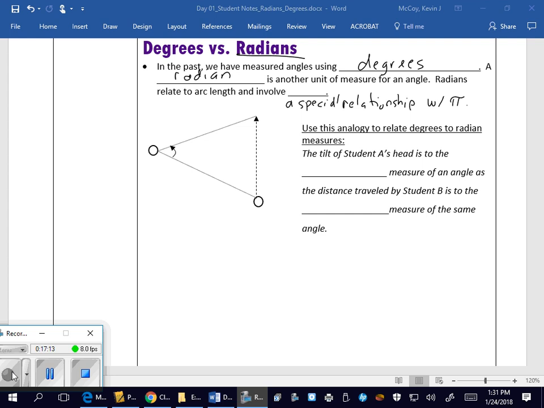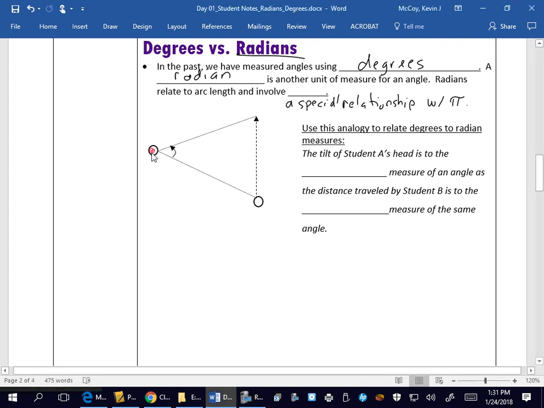All right, so this is the best way I can describe it. If you think of yourself as being a person which is standing right here, and you have somebody over here which is walking in a straight line, so they're walking in this direction. In order for you to follow their path, you're going to either have to swivel your head or change the direction of your eyes.